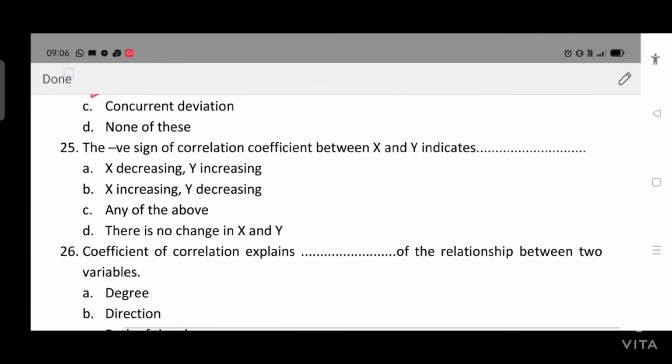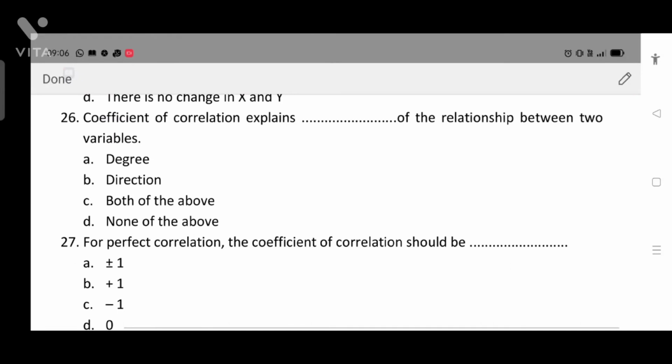Question 25. The negative sign of the correlation coefficient between x and y indicates A, B, C, D. C. Any of the above. Question 26. The coefficient of correlation explains dash of the relationship between two variables.